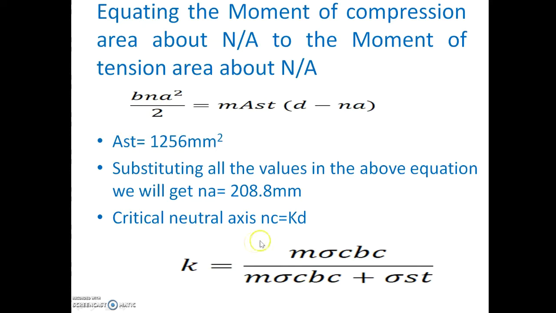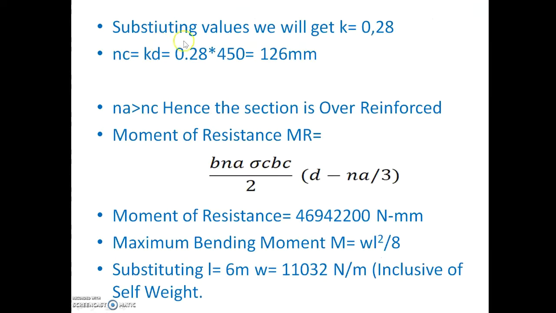Critical neutral axis, Nc is equal to kd. k is equal to m·sigma cbc by m·sigma cbc plus sigma st. Substituting the values, we will get k is equal to 0.28. So critical neutral axis Nc is equal to k into d, that is 0.28 into 450, which will give 126 mm. So in this case, NA is greater than Nc, so the section is over reinforced.